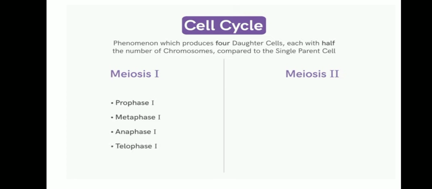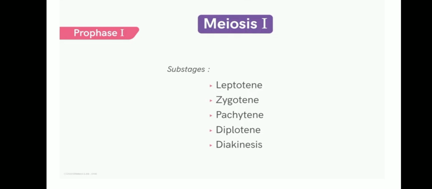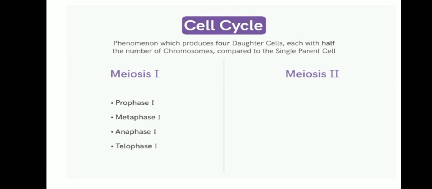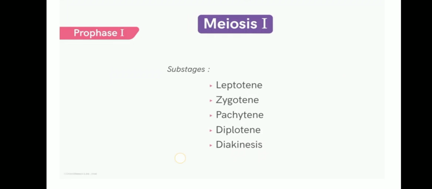This consists of 5 stages: prophase 1, metaphase 1, anaphase 1, telophase 1, and one more stage, cytokinesis, that is division of the cytoplasm. First we'll see meiosis 1. In meiosis 1, 5 stages are there: prophase, metaphase, anaphase, telophase, and cytokinesis 1.